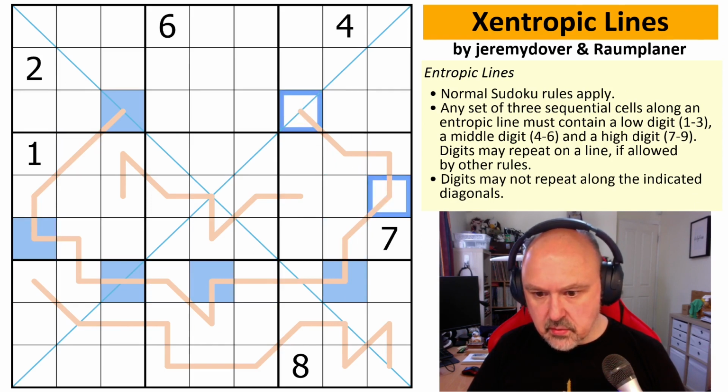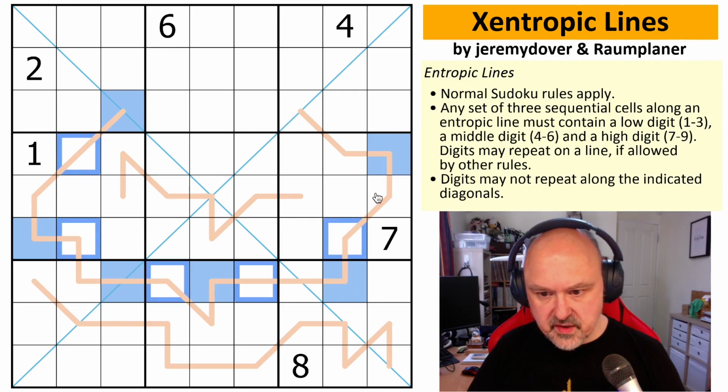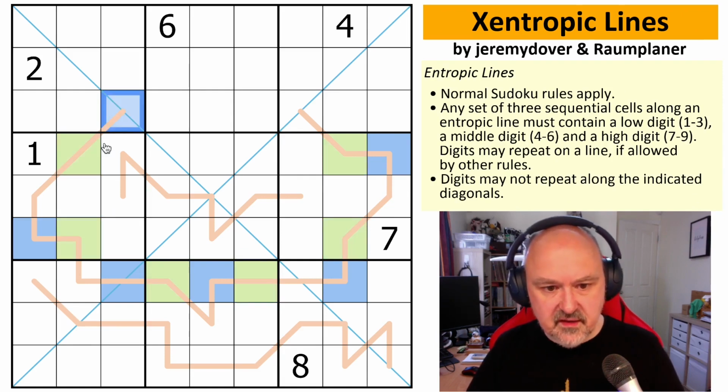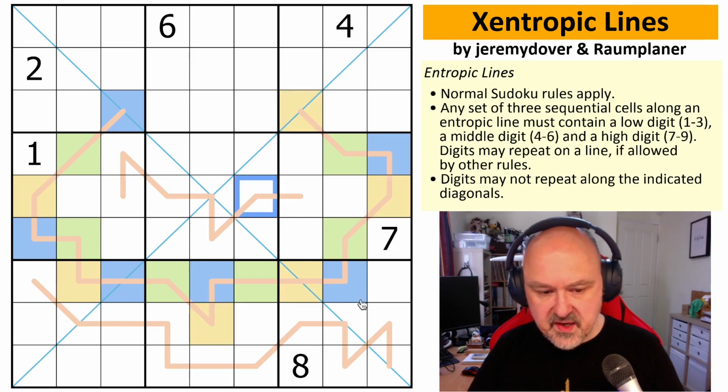You're so used to counting two for whisper lines and everything. So 1, 2, 3, 1, 2, 3, and then 3, 1, 2, 3, 1, 2, 3. They would be yellow.